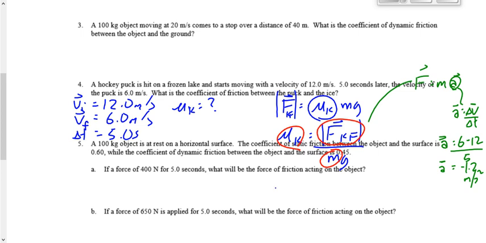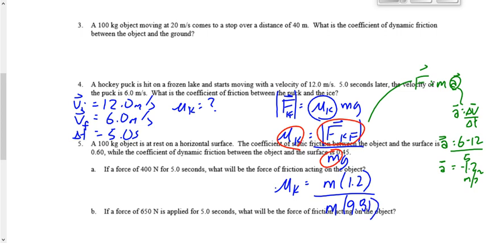I said mu k times mg is equal to, look, it's m times A, right? In other words, mu k mg is m times 1.2. I don't know what m is, so let's just say it's m times 1.2. Positive because absolute value, right? What's g? 9.81.